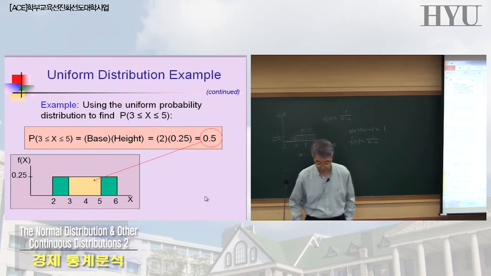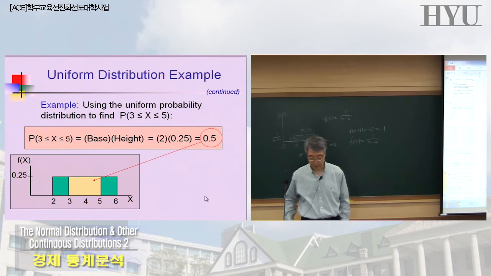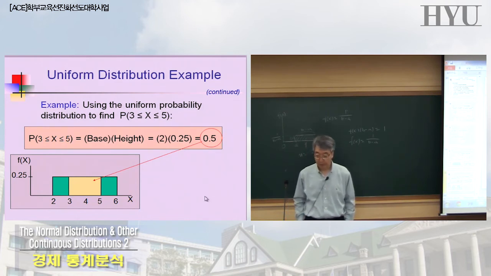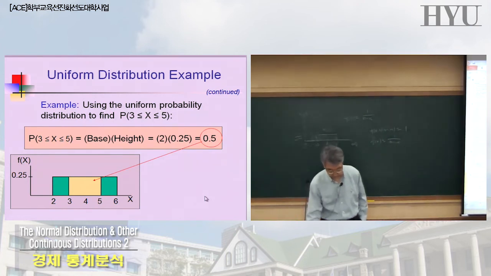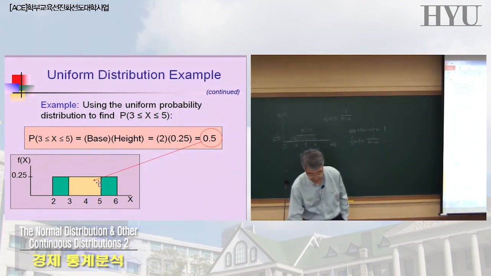And then, based on this distribution, what if we want to find out some probability for a specific range? If you're asking the question, what is the probability that random variable x will take the value from 3 to 5? We're talking about this yellow rectangle, the size of this yellow rectangle.